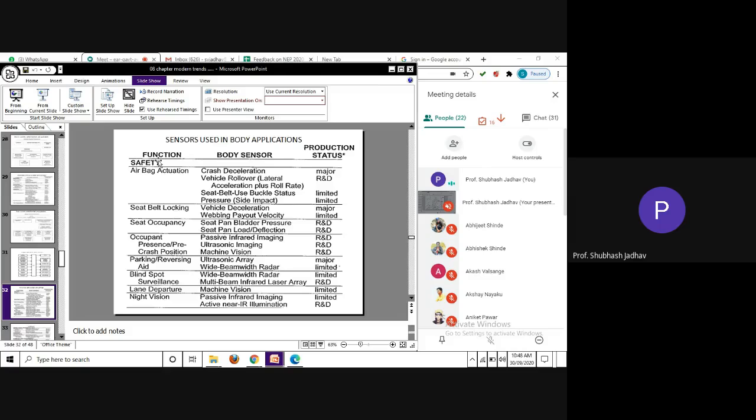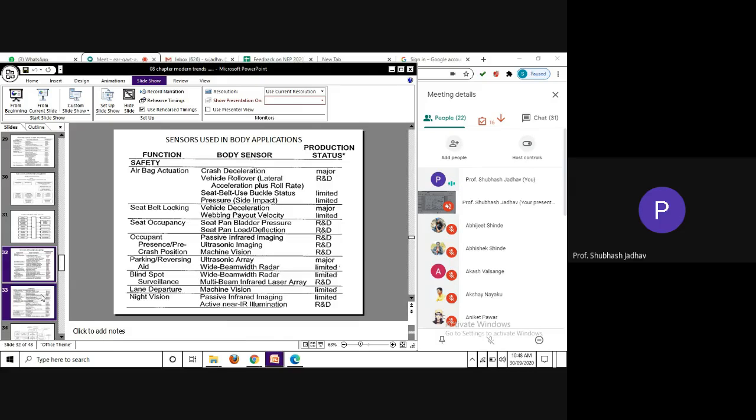Body related applications: airbag, seat belt locking, seat occupancy. So if more people are sitting in the vehicle, the signal will come to the driver that more occupants are sitting, and it is beyond the weight carrying capacity of the vehicle. Then parking, blind spot, lane departure, night vision, all these are applications in modern vehicles, which need to be taken care of by mechanical engineers.